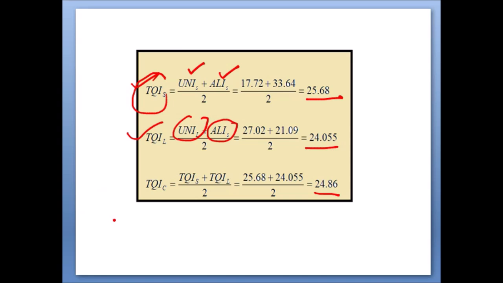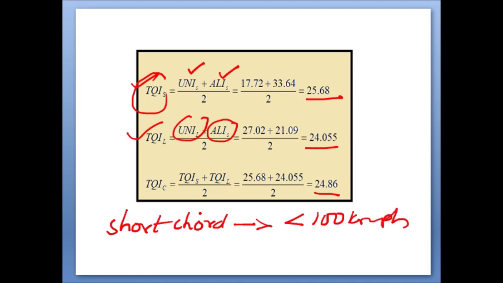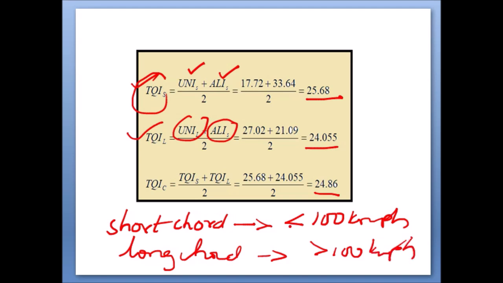One thing you have to remember: the short chord is helpful for speed less than or equal to 100 kmph. Where speed is below 100 kmph, we go for short chord, and when speed is above 100 kmph, we go for long chord.